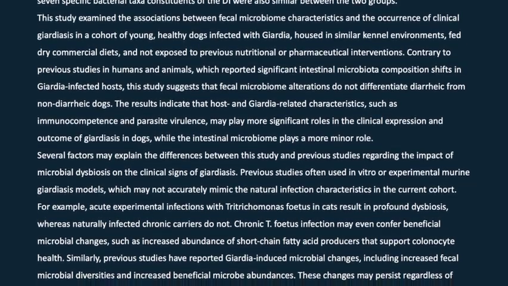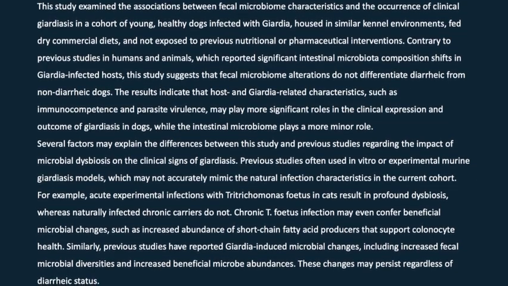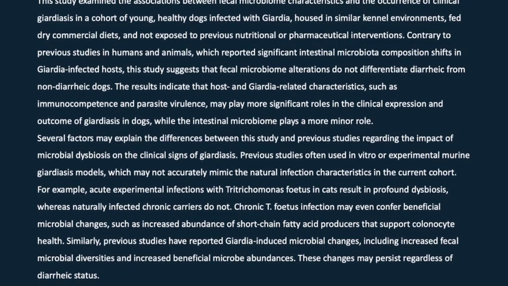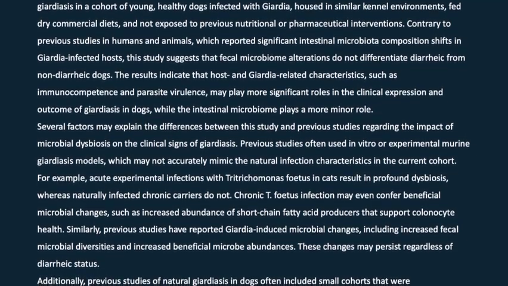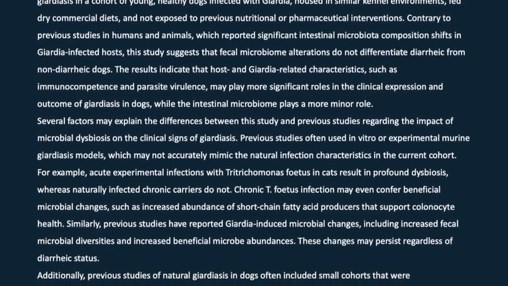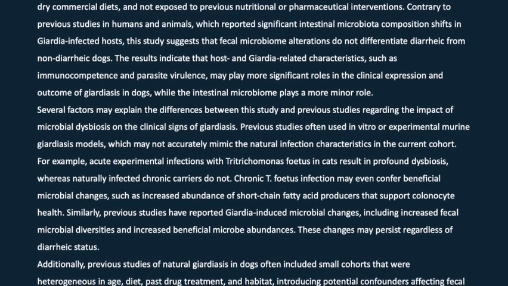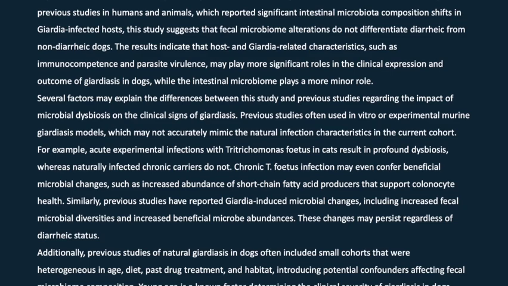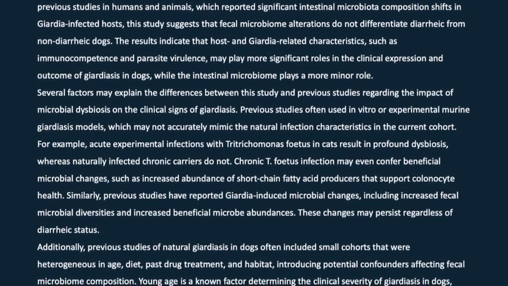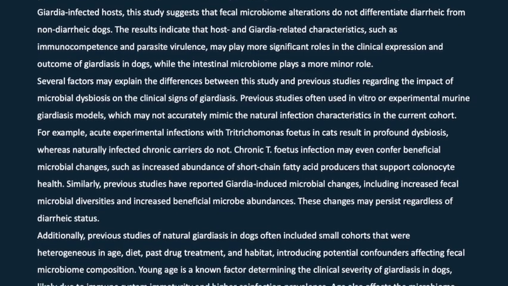Several factors may explain the differences between this study and previous studies regarding the impact of microbial dysbiosis on the clinical signs of giardiasis. Previous studies often used in vitro or experimental murine giardiasis models, which may not accurately mimic the natural infection characteristics in the current cohort. For example, acute experimental infections with Tritrichomonas foetus in cats result in profound dysbiosis, whereas naturally infected chronic carriers do not.